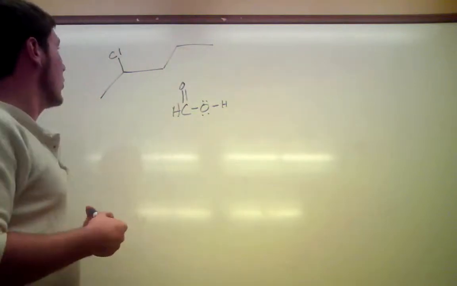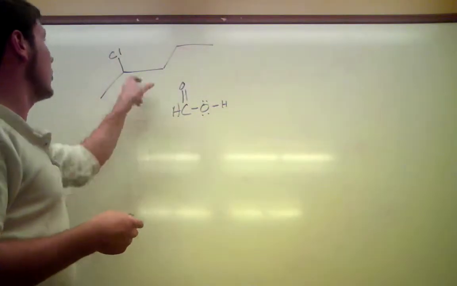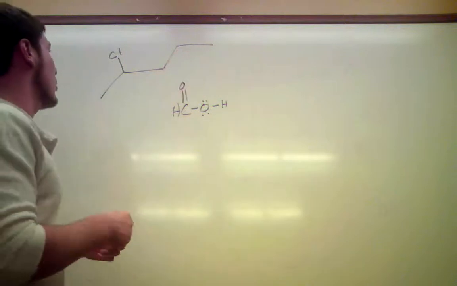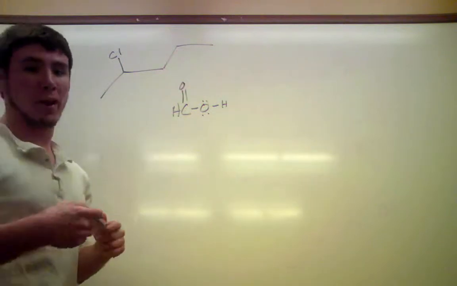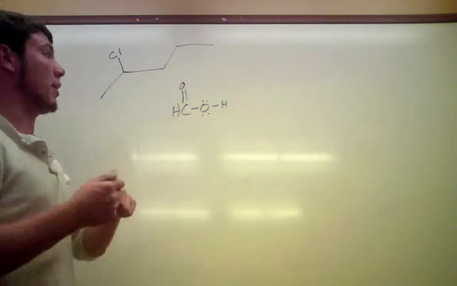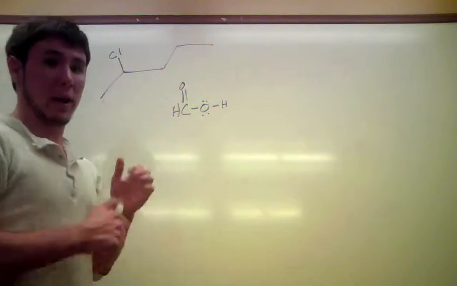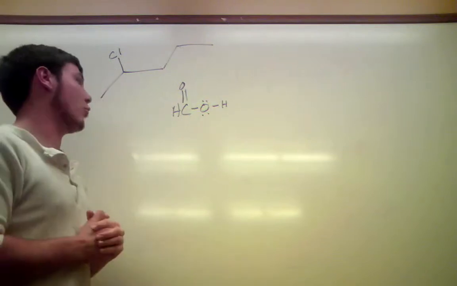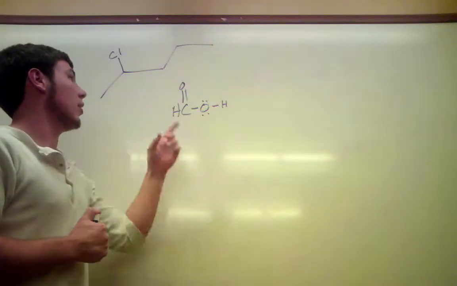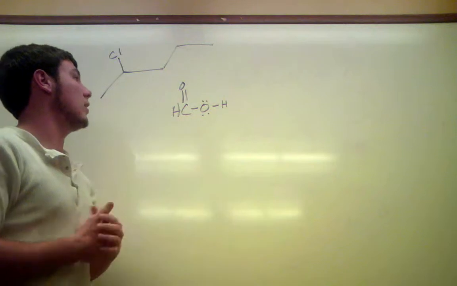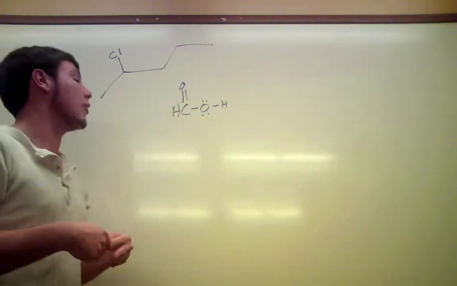So here, what we've got is 1, 2, 3, 4, 5. So we're going to have 2-chloropentane, and we've got formic acid here, and we're going to be looking at what's going to happen here. So first of all, what we've got here is a weak base, a weak nucleophile.